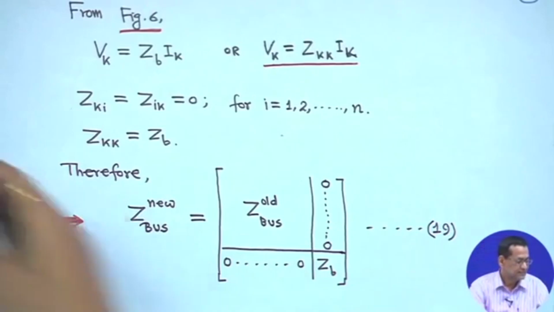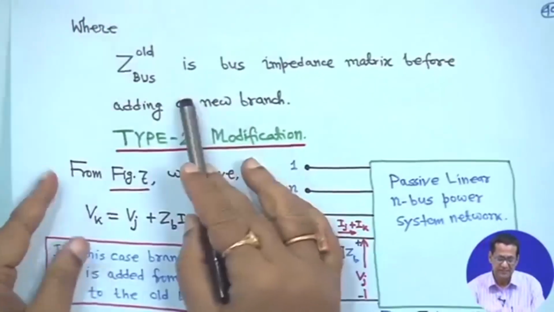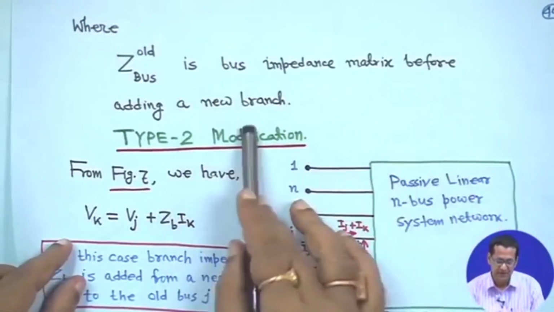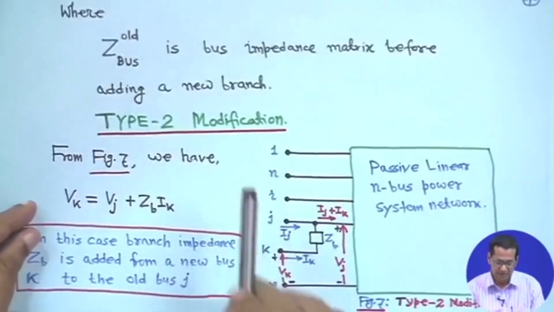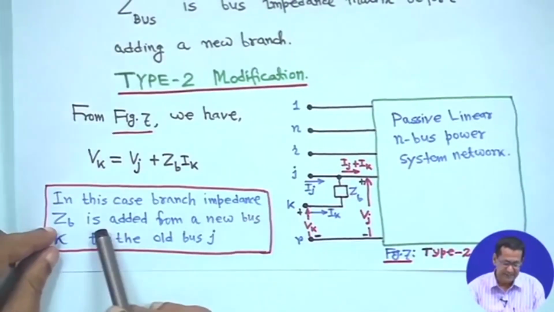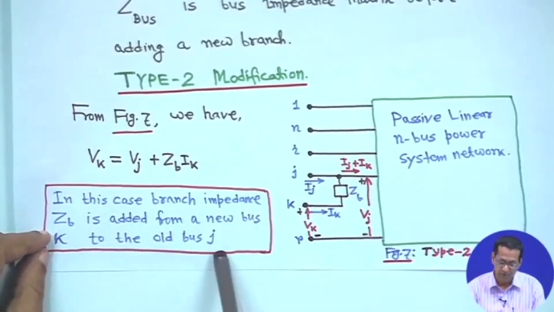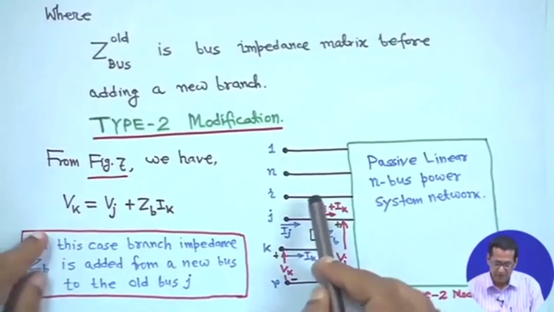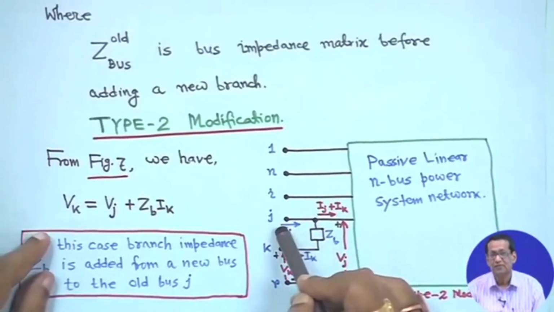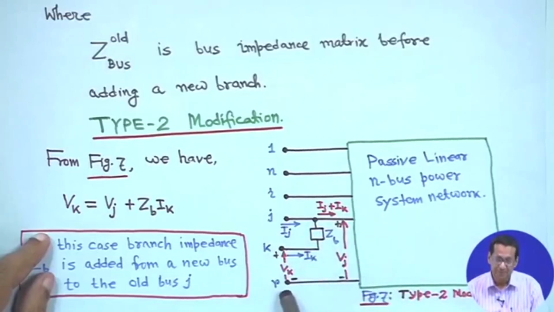Next is your type 2 modification. The previous one, Z bus old, is the bus impedance matrix before adding a new branch, that I told. Now, in type 2 modification, the branch impedance ZB is added from a new bus K to the old bus J. I have told you that buses I and J are old buses, K is a new bus, and R is the reference bus.